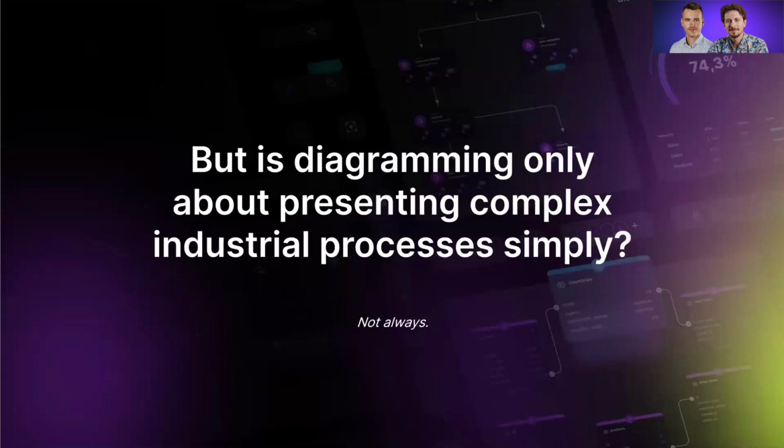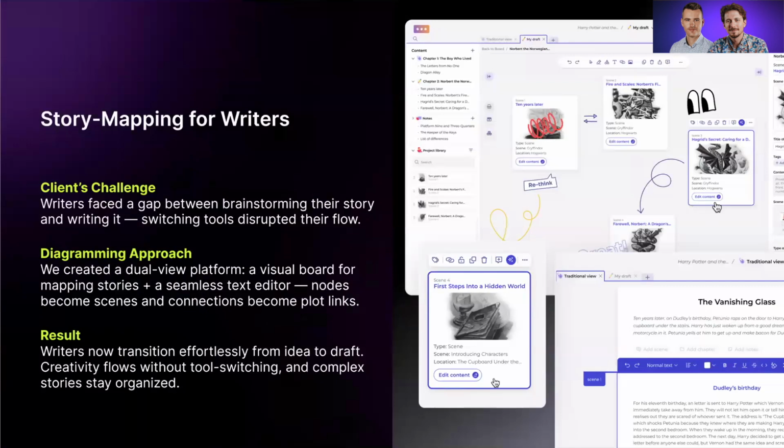Okay, but is diagramming only about representing complex industrial business processes, right? Well, not necessarily. Let me show you one last example. Another project that we did related to diagramming was story mapping for writers.